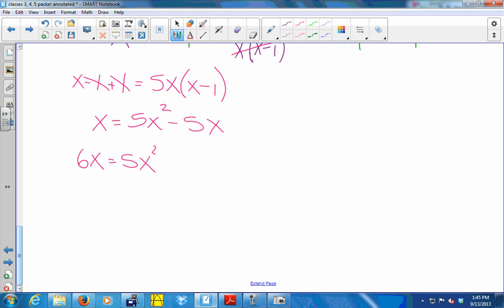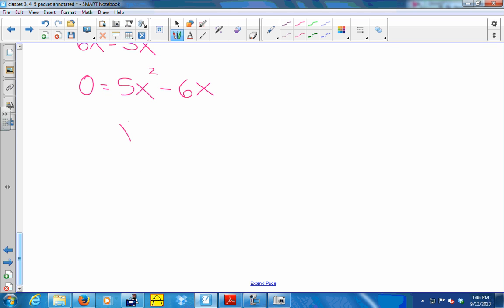So maybe I'll move the 6x over, so I have 0 equals 5x squared minus 6x. Then what can I do? Pull out an x, yeah, so I end up with x times 5x minus 6.